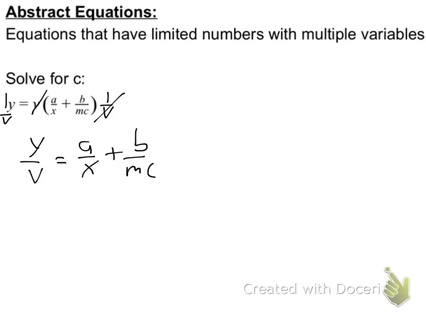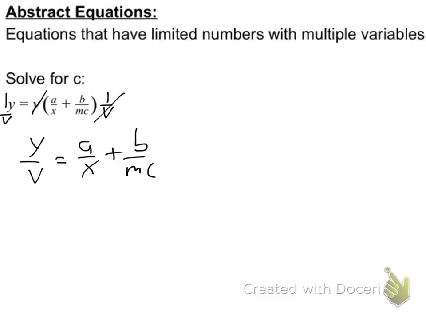If you want to solve for C, do I need anything that does not have C in it there? I want to solve for C. The only thing that's important to me at this point is the fraction that has C in it, right? So what should I do with the other stuff? Get it to the other side.